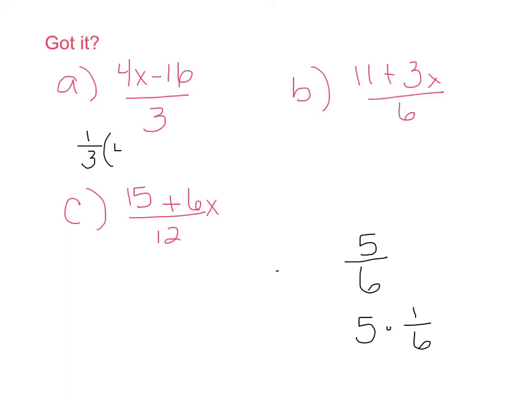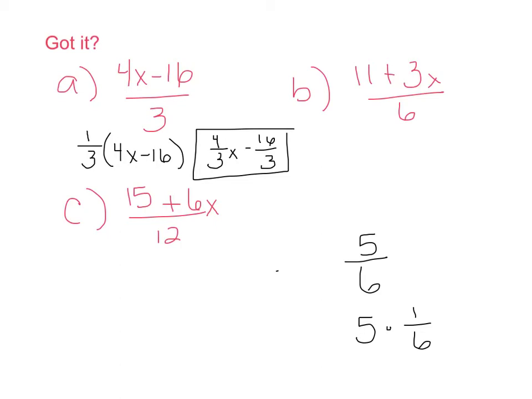And this is what it looks like. 1/3 times 4x minus 16. Now if you distributed that, 1/3 times 4 gives us 4/3 x. 1/3 times negative 16 gives me negative 16/3. That's my answer. You can't take 4 divided by 3 and 16 divided by 3 and get a nice neat number, so we can leave them as improper fractions.